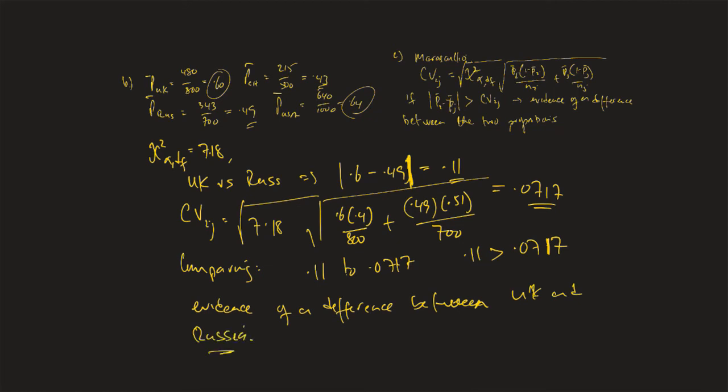All right. We have to repeat that for all of them. Let me just give you the combinations: UK versus China, UK versus Russia, UK versus USA. Then China versus Russia, China versus USA, and then Russia versus USA.